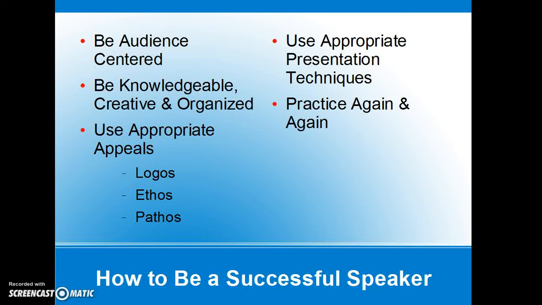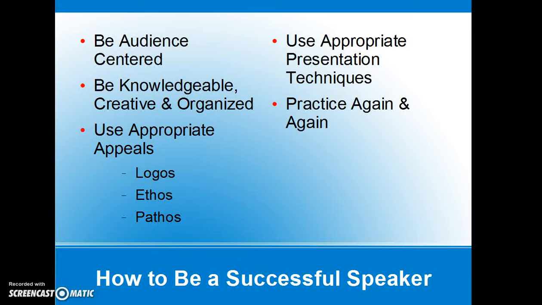Pathos is the appeal to emotions. And so that is using the different types of emotional grasps or things that audiences are emotionally invested in. Love stories, death, graphic pictures, sad stories. Those types of things appeal to people on an emotional level. And so that is using pathos.